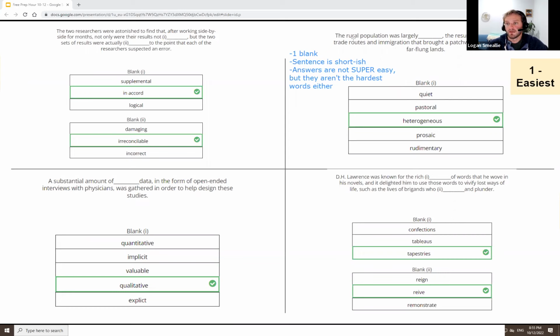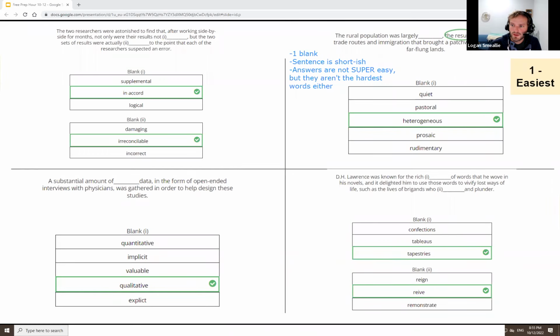The answer to this question, this is talking about how the rural population was something, and that thing was the result of trade routes and immigration that brought a patchwork of settlers from far-flung lands.